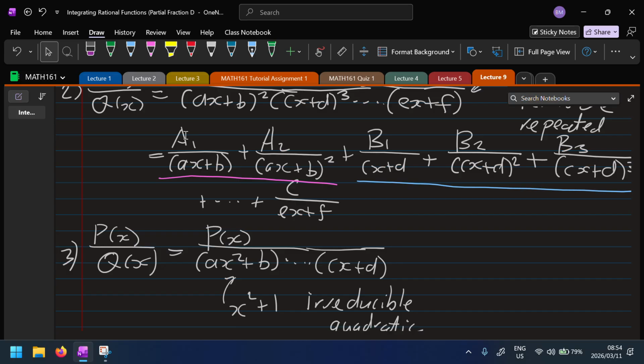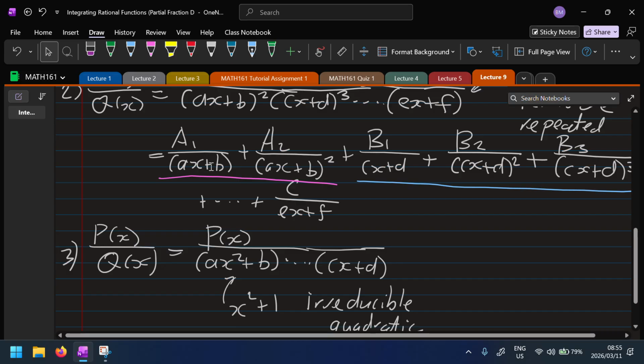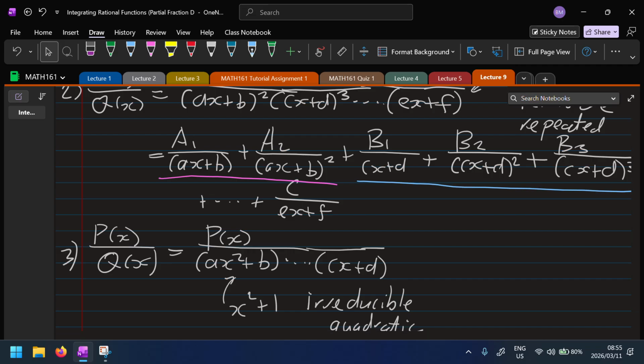There's no reason you know what it is. So if it's quadratic at the bottom, any guess for the top? Like from the pattern, what do you think? So the bottom here is linear, the top one is constant. If the bottom is quadratic, the top one will be linear.